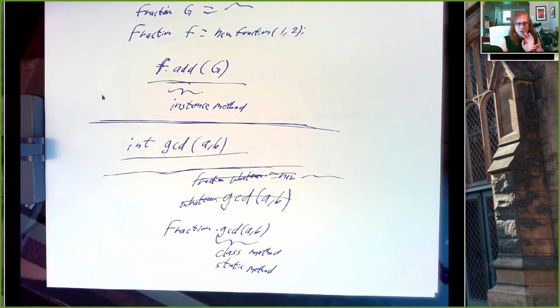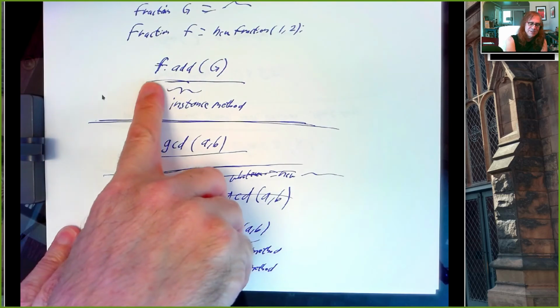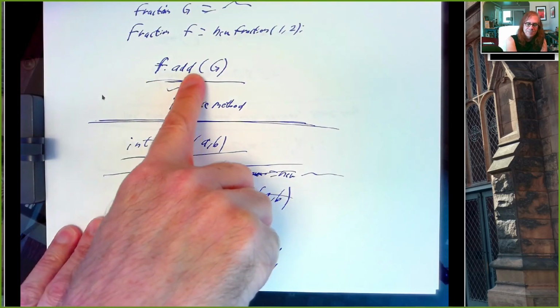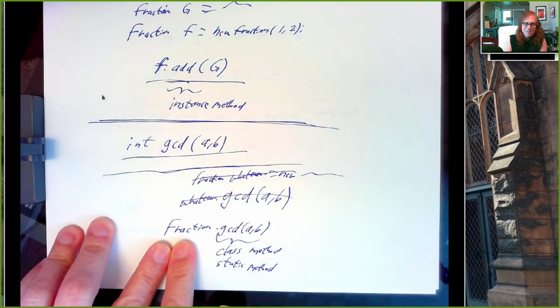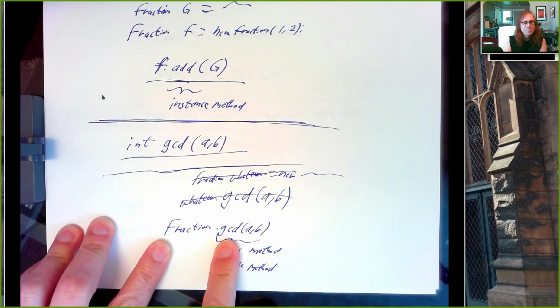There's no rhyme or reason to this beyond what I've just said. This is just the way that the developers of Java decided to make this available. But the important thing is there's two types of methods, instance methods and class methods. Instance methods, you need an instance of a class, and then you can use the method name. Class methods, you need the name of the class and then the method name.